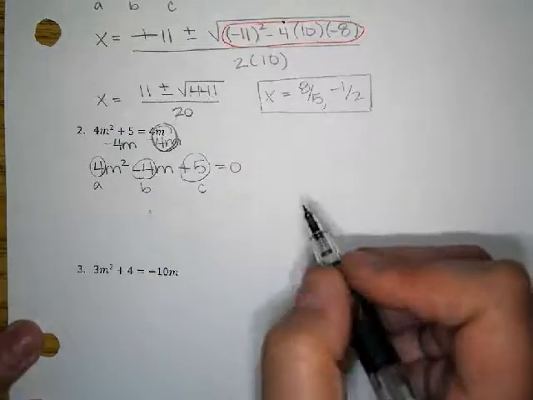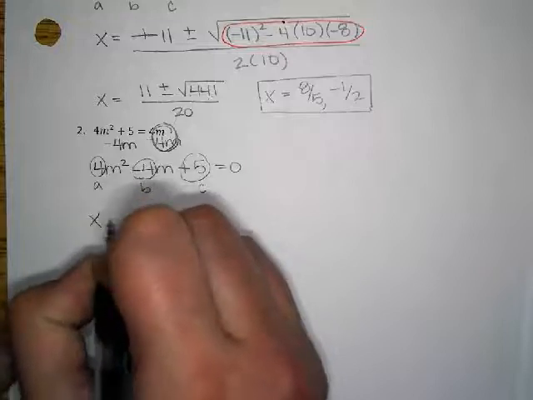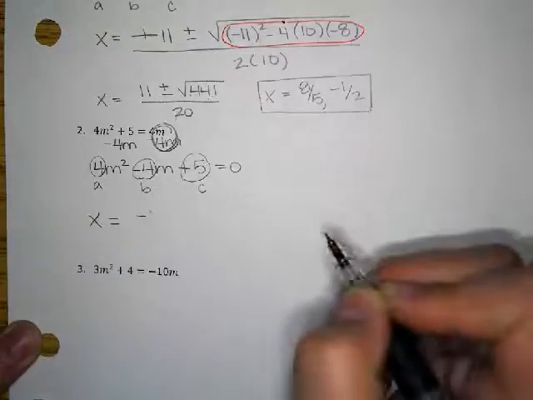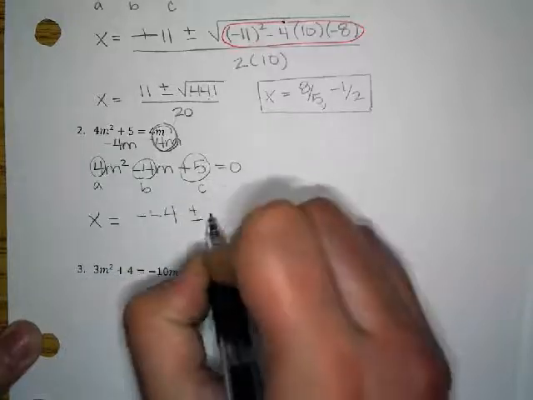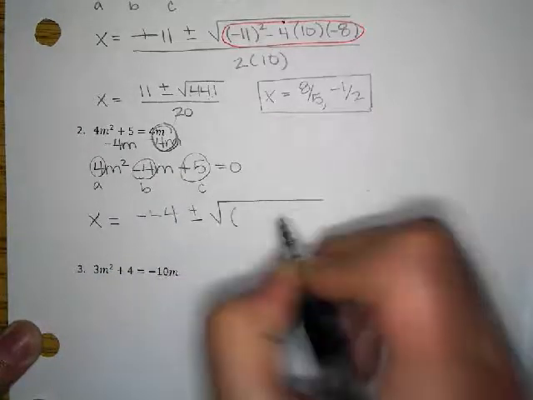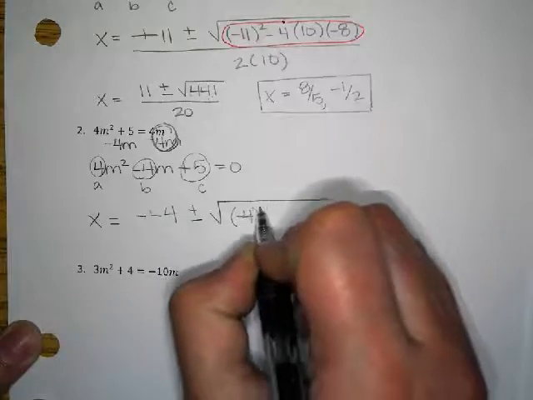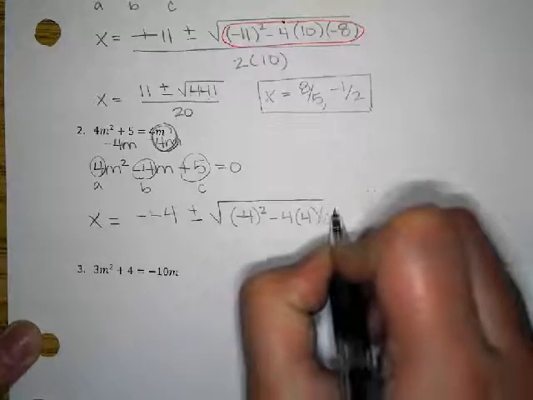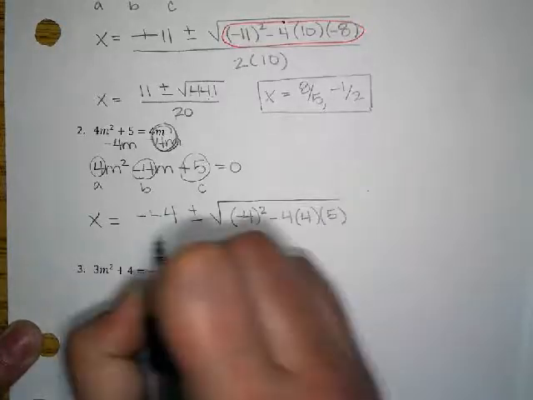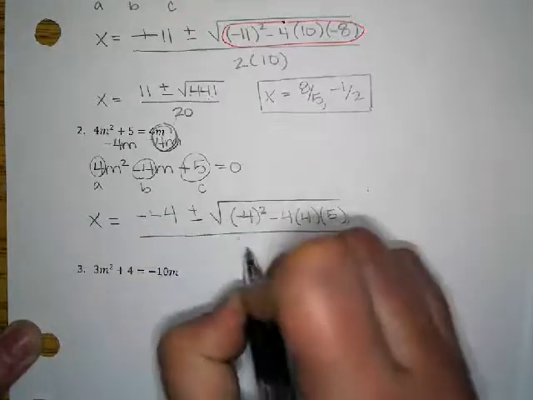So x equals negative b plus or minus the square root of the b value squared minus 4 times a times c, all divided by 2a.